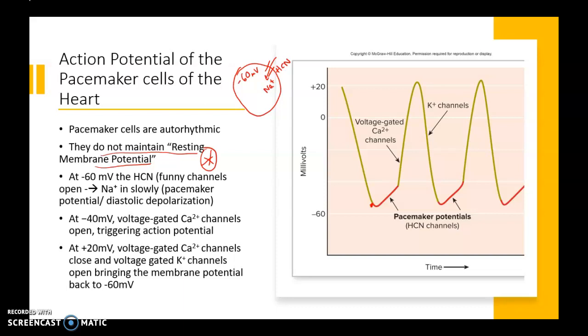And this is called pacemaker potential, also known as diastolic depolarization. And then sodium rushes in until the inside becomes -40. So from -60 to -40, we call it pacemaker potential or diastolic depolarization. And this is caused by slow entry of sodium through the HCN channels.